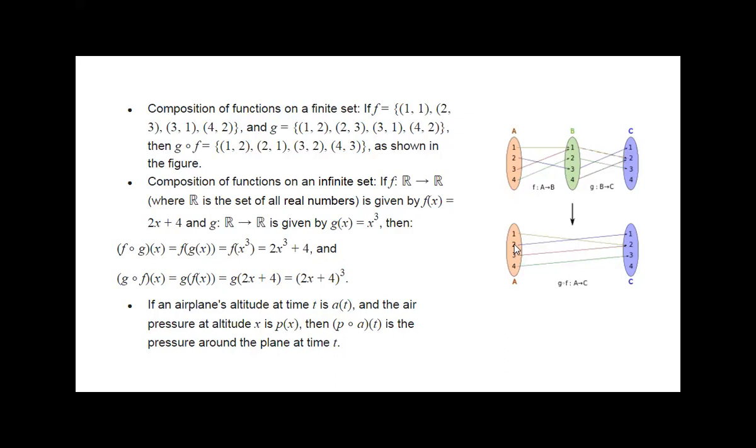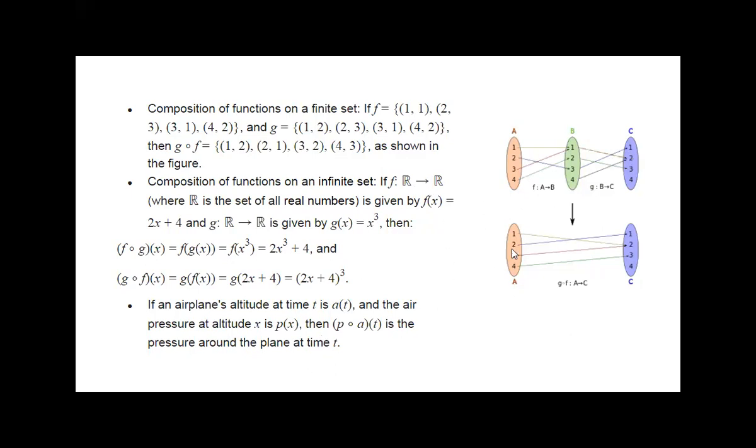So here 2 of a is assigned to 1 of c. Now about 3 of a. 3 of a is assigned to 1 of b, and 1 of b is assigned to 2 of c.